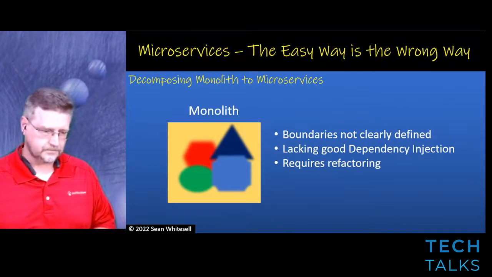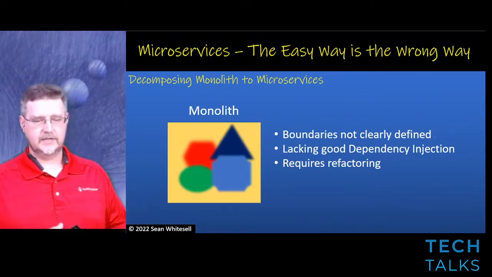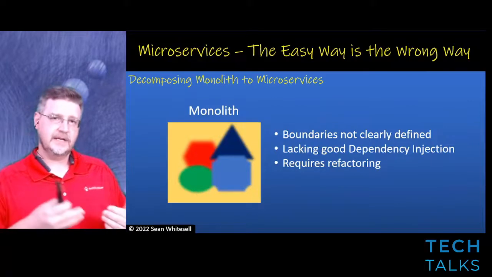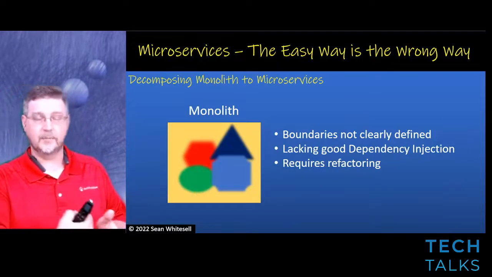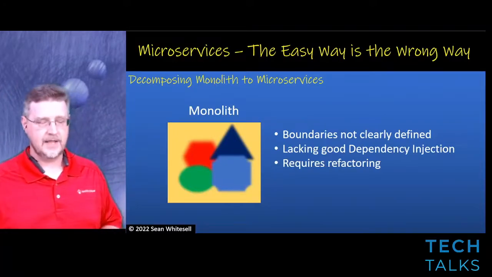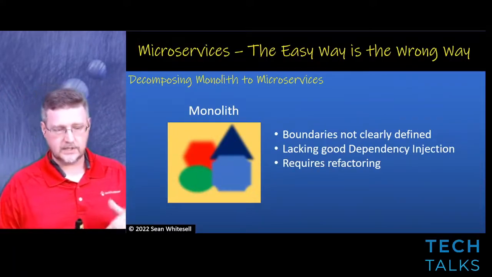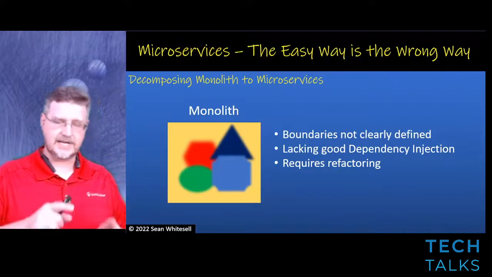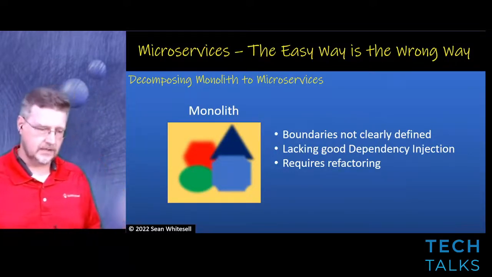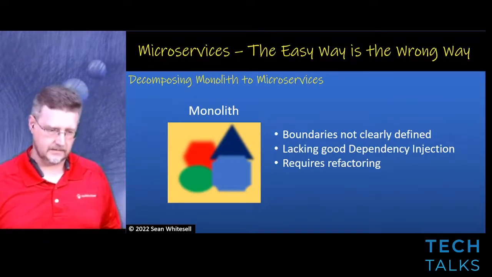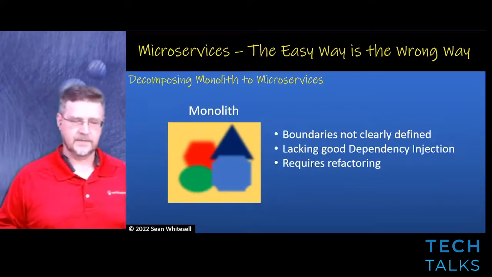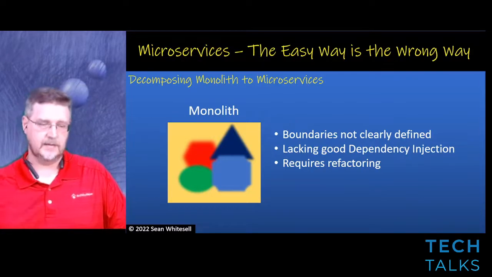So if there are items in there that lack good dependency injection, then you may need to add those in, because that's going to help add ways of breaking that module apart. Where you were calling this module, now you're calling a proxy to call it from the monolith over to a microservice where it now exists, and handle the response coming back. So you're definitely going to have to spend some time refactoring.